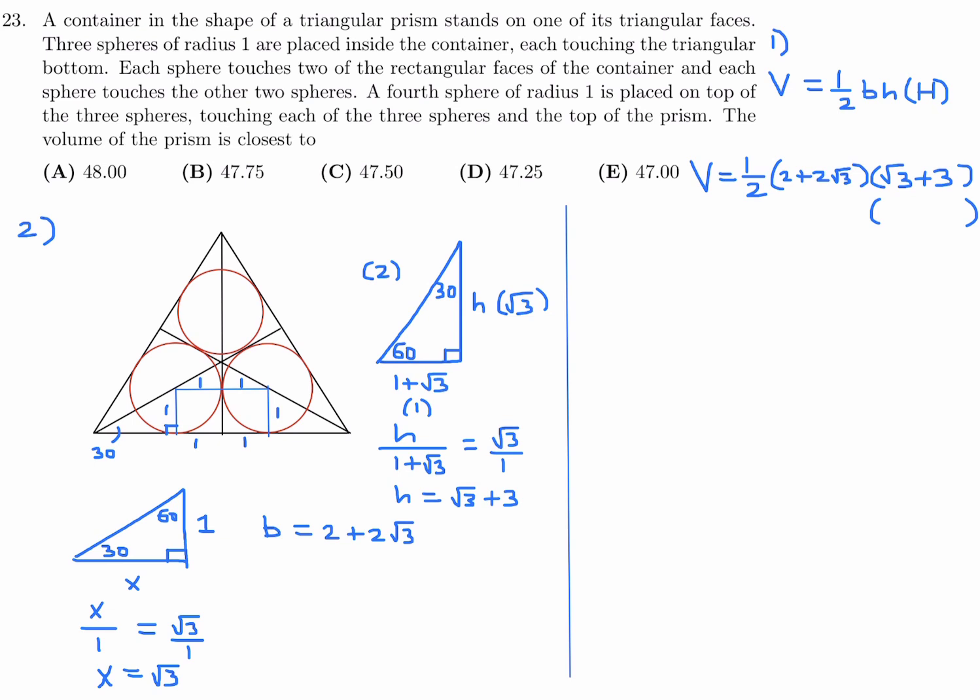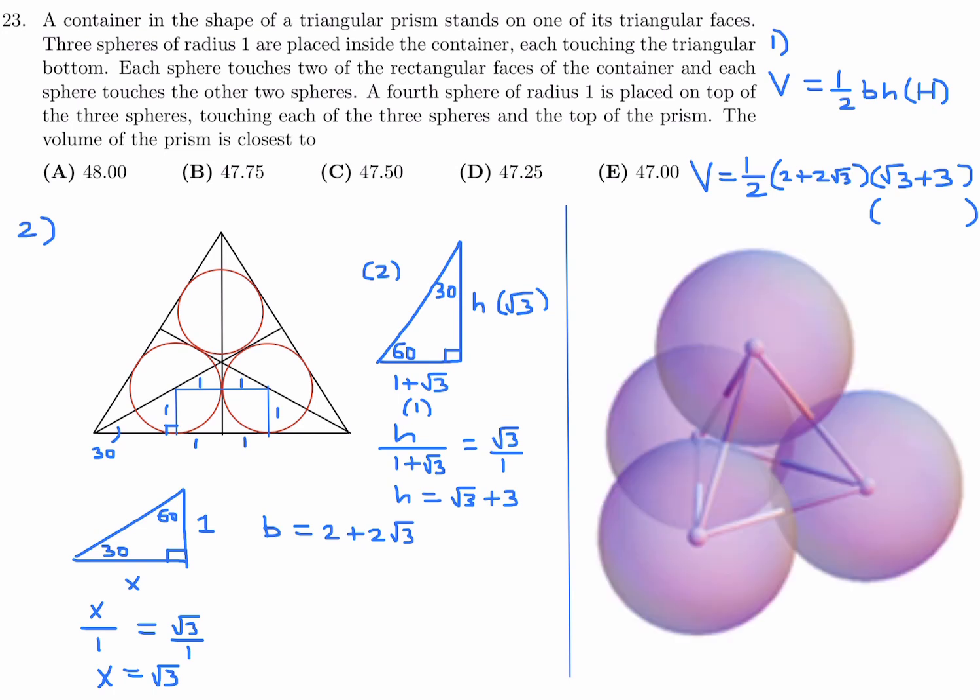And now I need to put in a 3D diagram to sort of explain that. So here we go. Here is a 3D diagram of one sphere sitting on top of 3 spheres. And we want to figure out the height, all the way from the top to the bottom. That would be this height right here. So how do we do that? We're going to break it up into 3 segments.